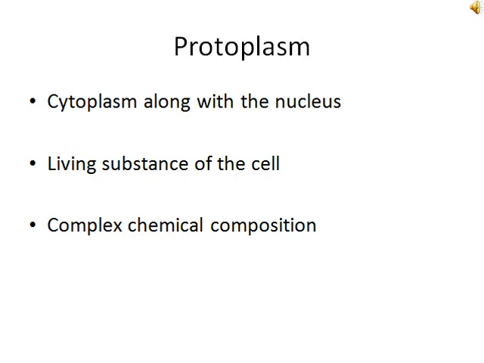Next is the cellular activity. You know, cell is the structural and functional unit of life. All the activities in a living organism are the outcome of the cellular activity. Or we can say, whatever life processes take place in a living body, it is due to the activity of a cell.